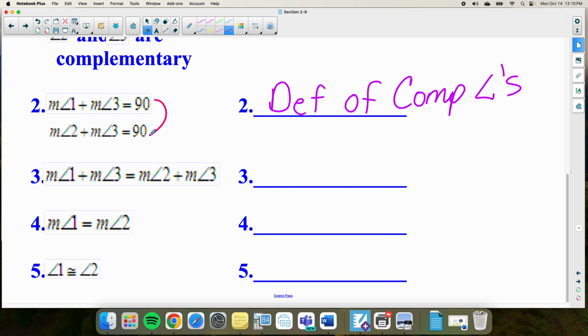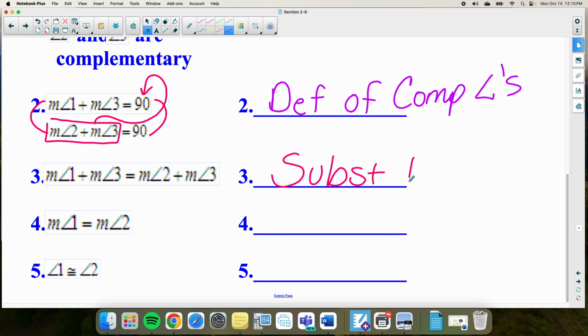If those two sides are the same, does it make sense that those two sides would be equal? And that is substitution. So because the measure of angle 2 plus the measure of angle 3 is 90, you can take this and substitute it in for 90. So this is substitution property.